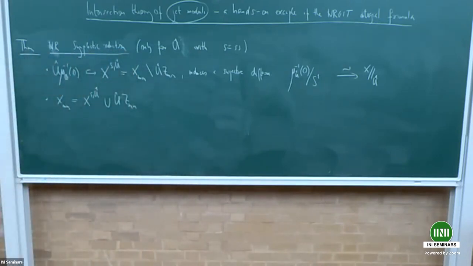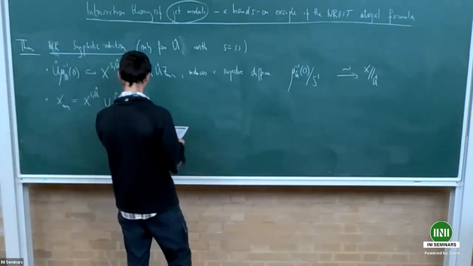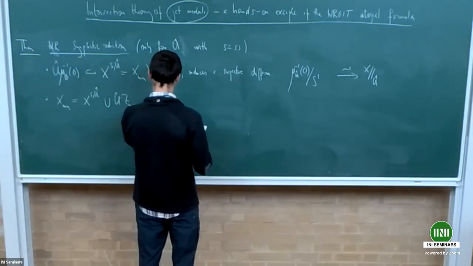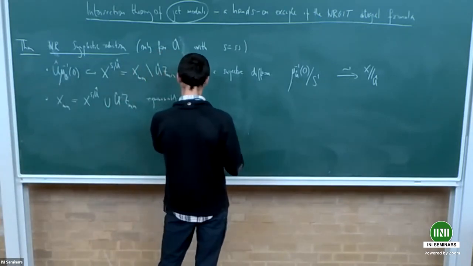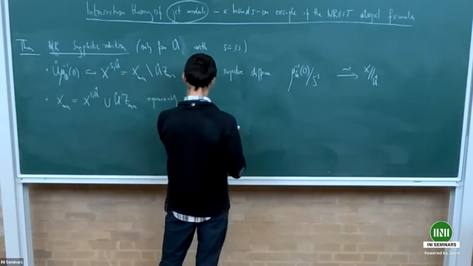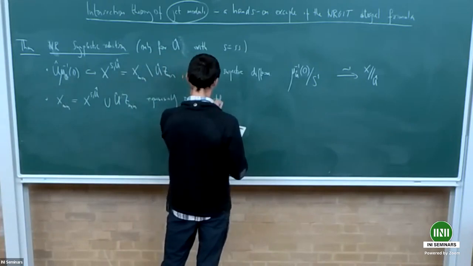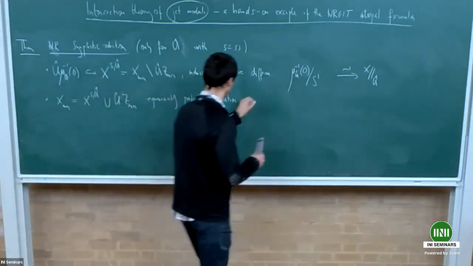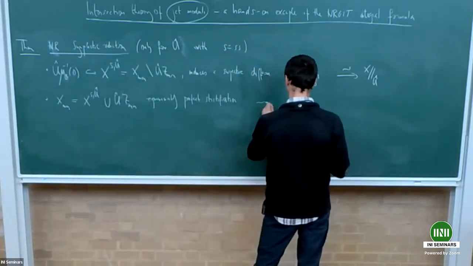They cover this Białynicki-Birula stratum, and it's an equivariantly perfect stratification. So in particular, we can have an expression for the Poincaré series.